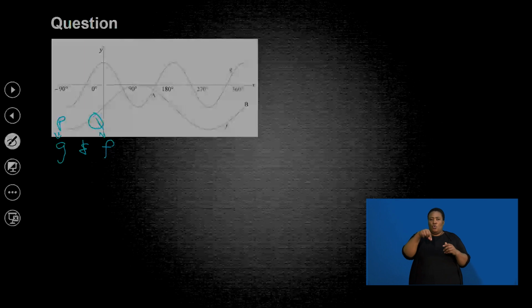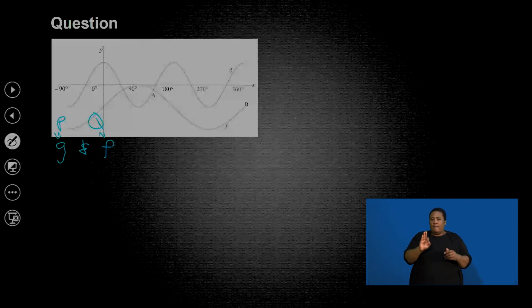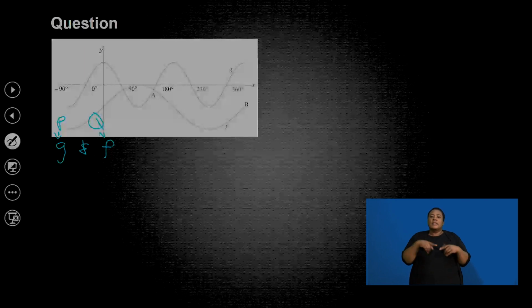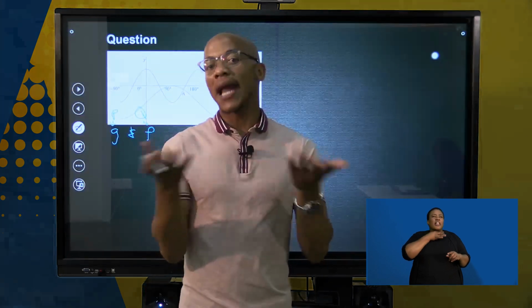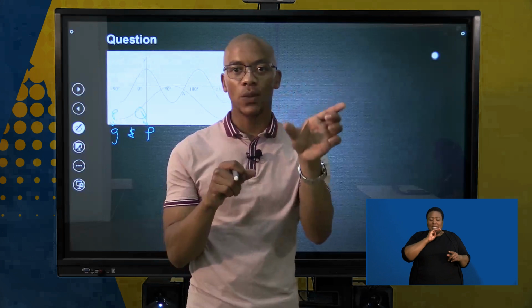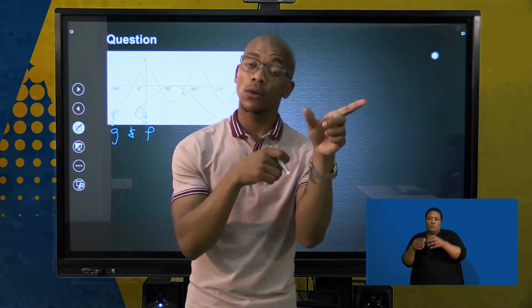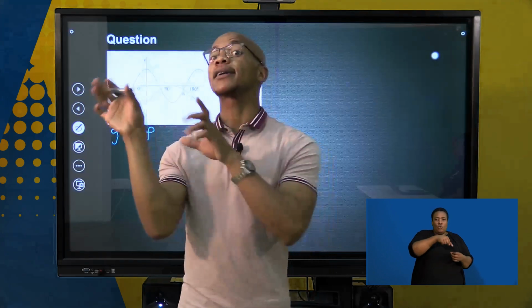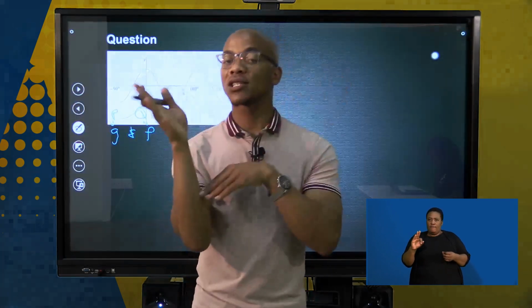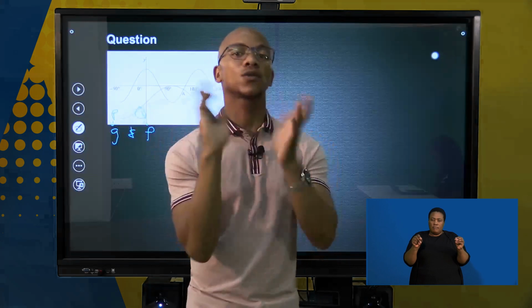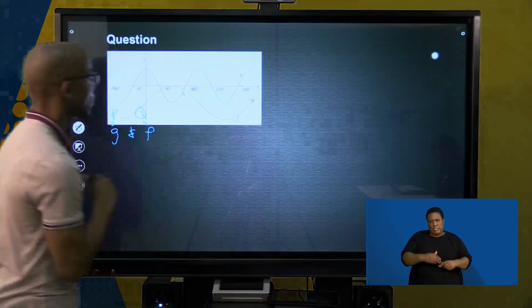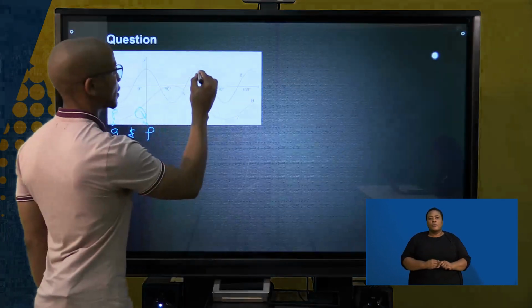So you need to note that respectively is not just an English word. I know we think it's just language that is being used, but respectively means the order that we started with is the same order that you're going to continue with. So I said P and Q, and then I said G and F respectively. So P goes with G, Q goes with F. So that's what you need to make sure that you understand.